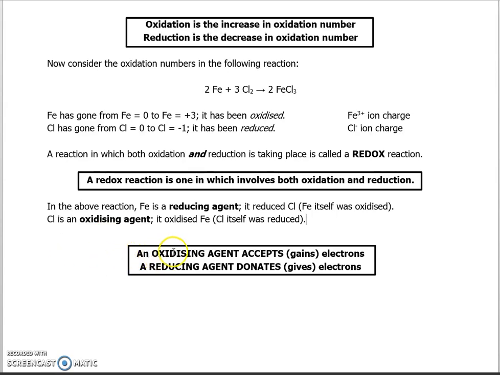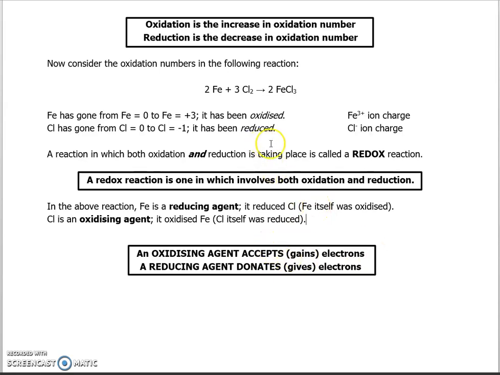An oxidizing agent, or an oxidant, is a species which accepts electrons. You don't specify how many electrons, because we don't know. It accepts electrons. Do not confuse this with the electrophile.